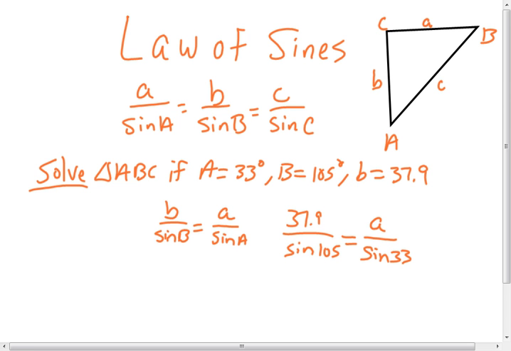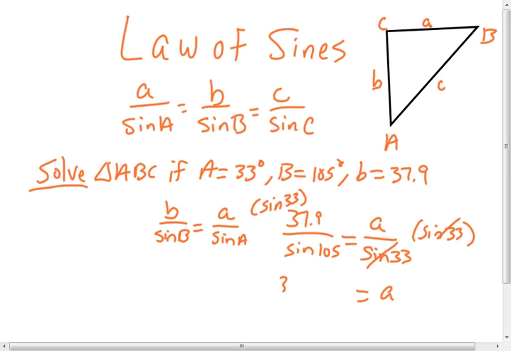Now we have to solve this for little a. In order to do this, we're going to take both sides and multiply by sine of 33. That cancels on the right, just leaving a, and on the left we put together what we have.